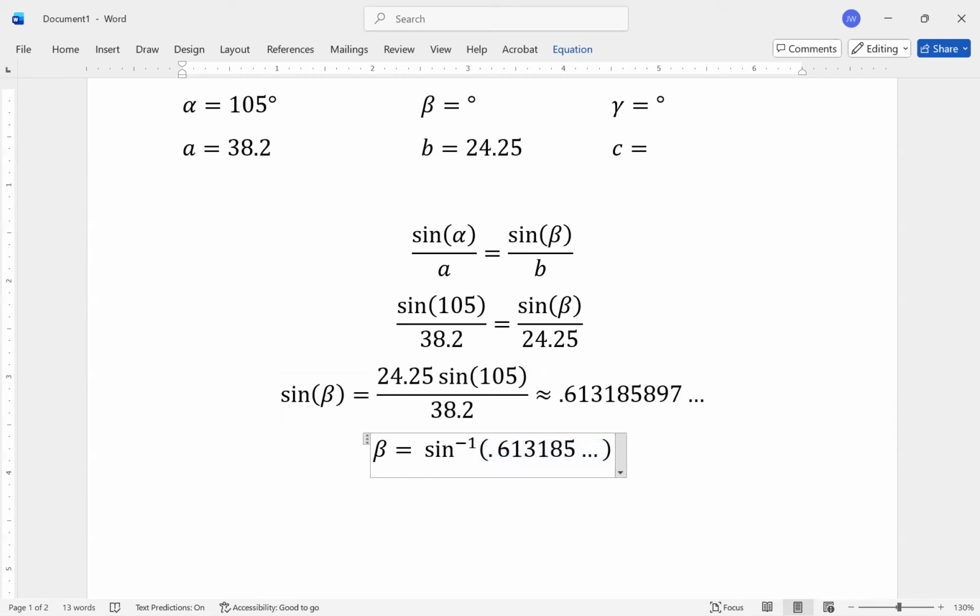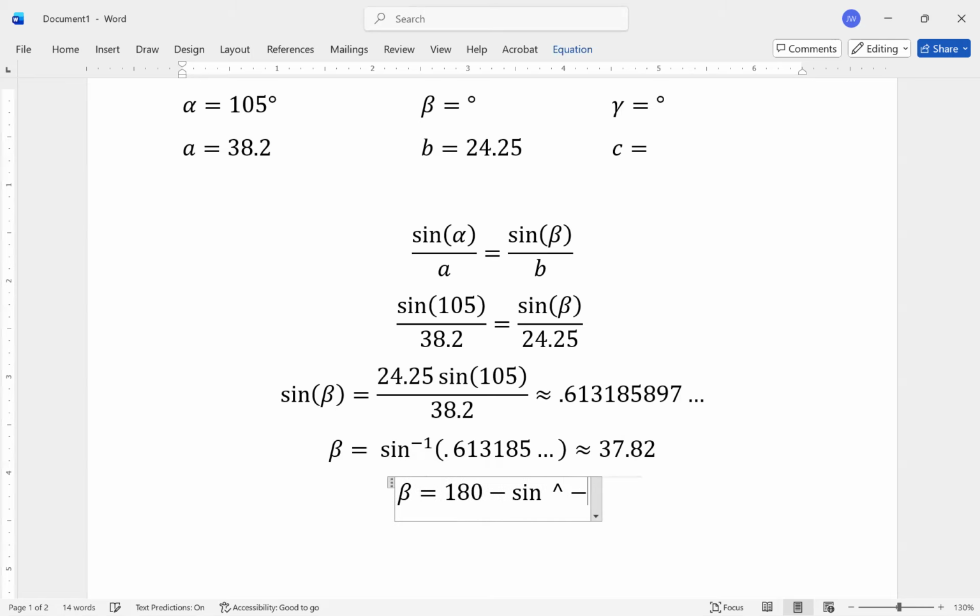And what that would give me is a beta of approximately 37.82. The other option of beta would be 180 degrees minus the inverse sine of that value.